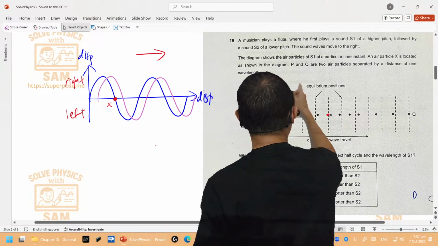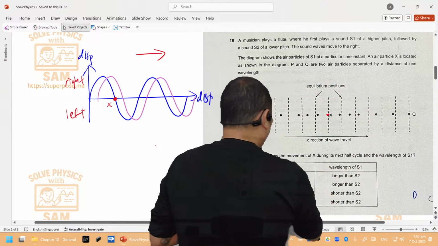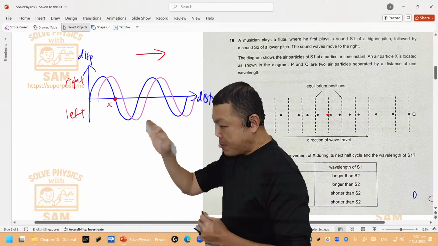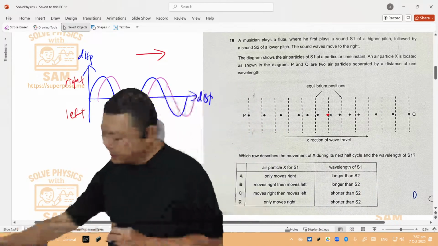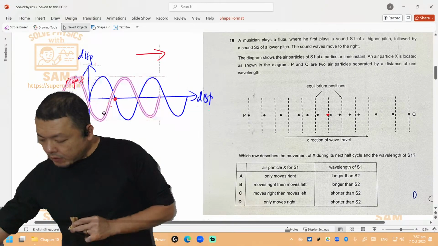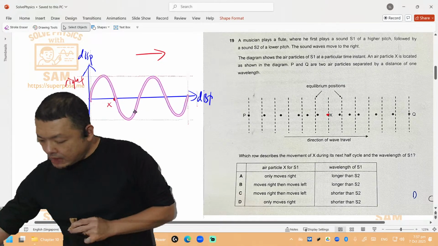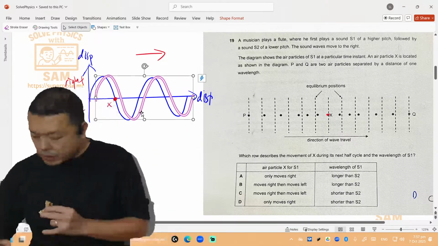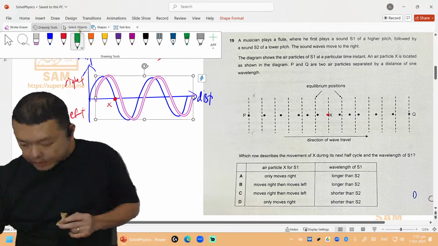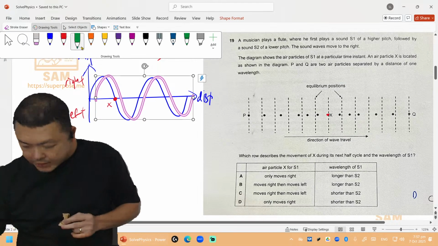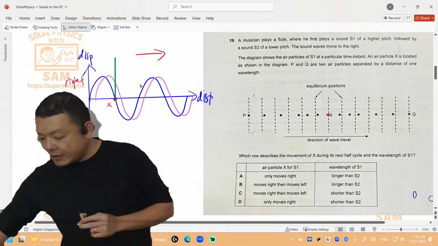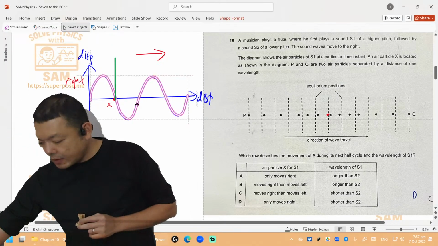Now, the question is asking you, what's the movement of X during its next half cycle? That means half a period. Okay, half a period. So how does half a period look like? Let me just draw one line here first to show you where it is going.